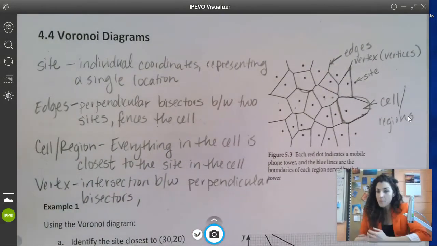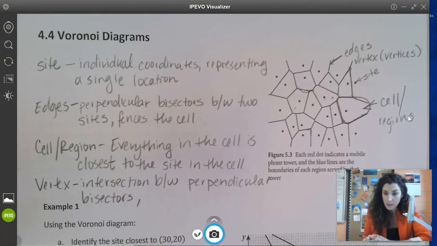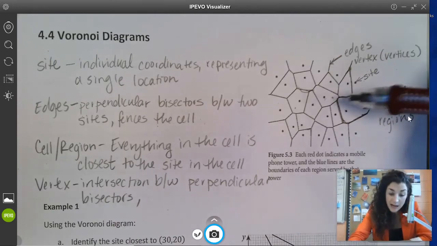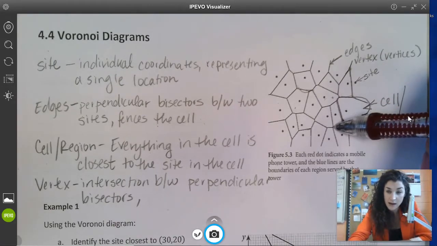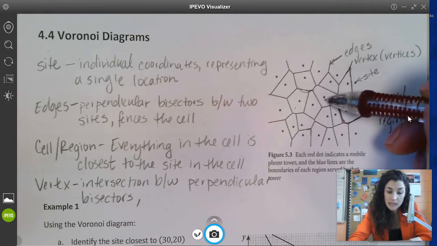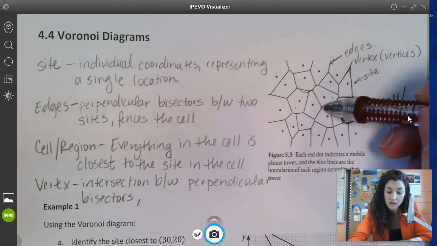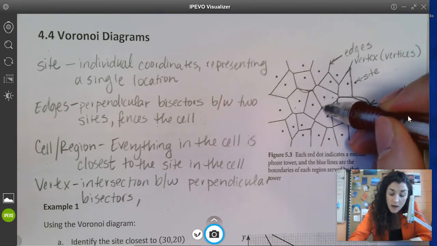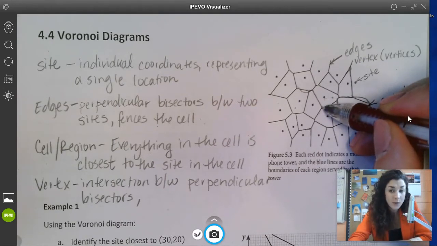The cool thing about these intersections between the perpendicular bisectors, if you remember from our definition from previous lessons, is that the perpendicular bisector is the set of all points that are equidistant from two other points. So every point along this line is equidistant to these two points, right? So if I'm looking at intersections between perpendicular bisectors, I find one point that agrees on being equidistant from a few other points.